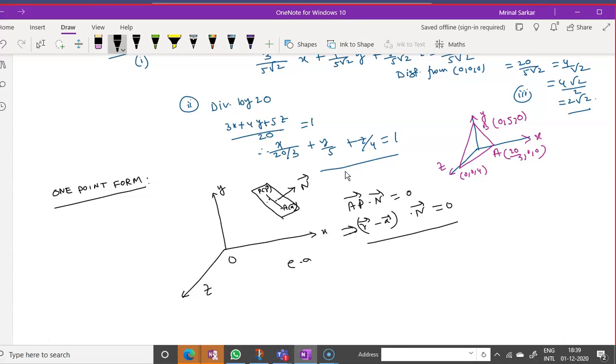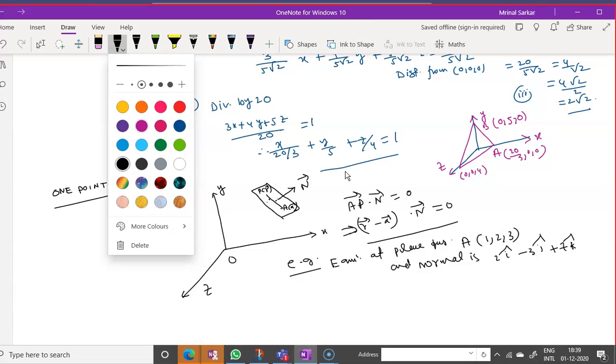For example, the equation of the plane through A (1, 2, 3) and the normal is 2i minus 3j plus 7k. How to write it? Direct formula application.